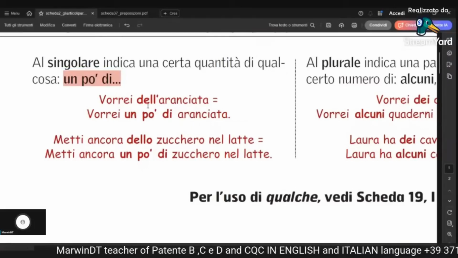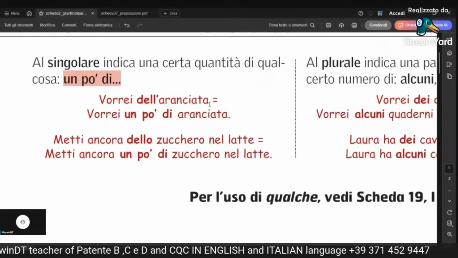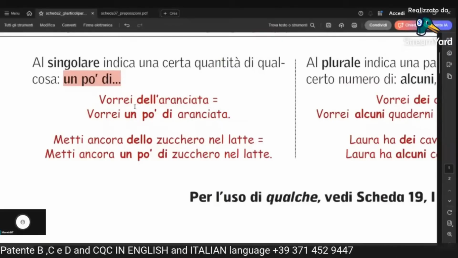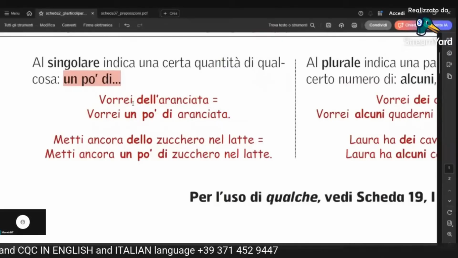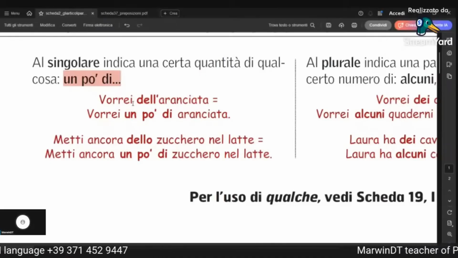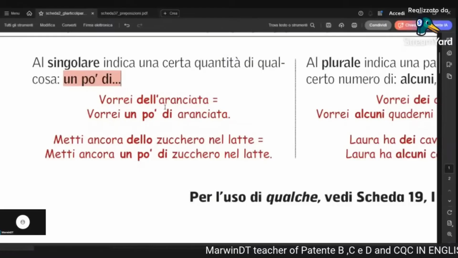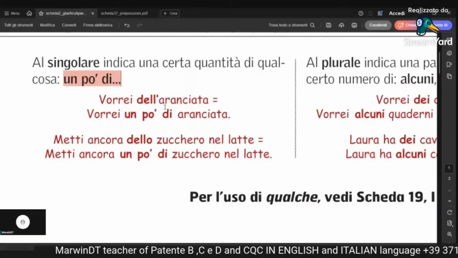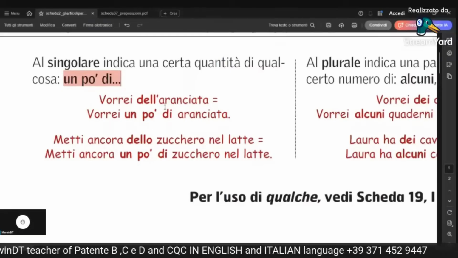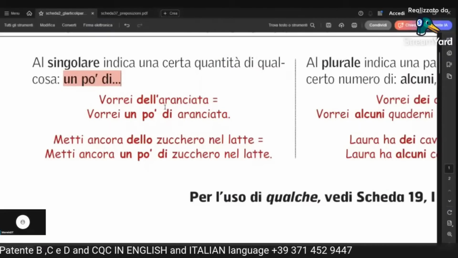Example, vorrei dell'aranciata. So, I would like dell'aranciata. Dell'aranciata means I would like a part or some of orange juice.